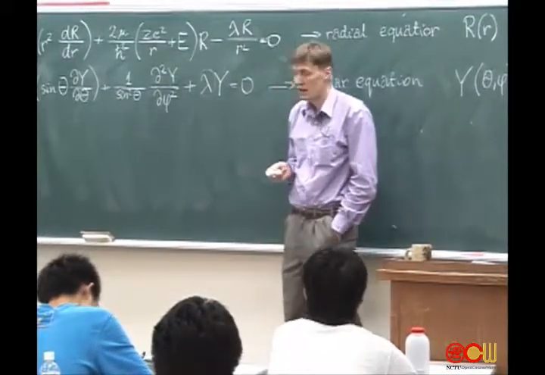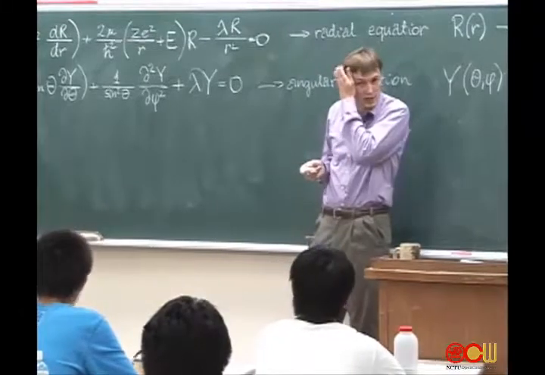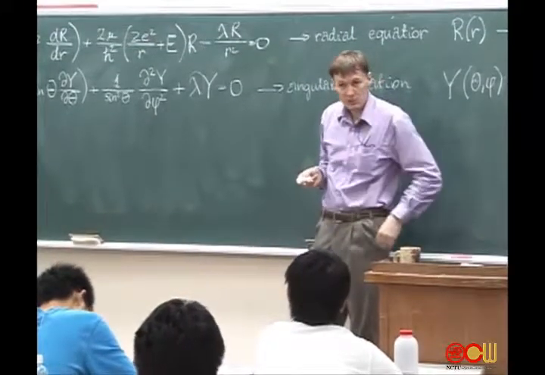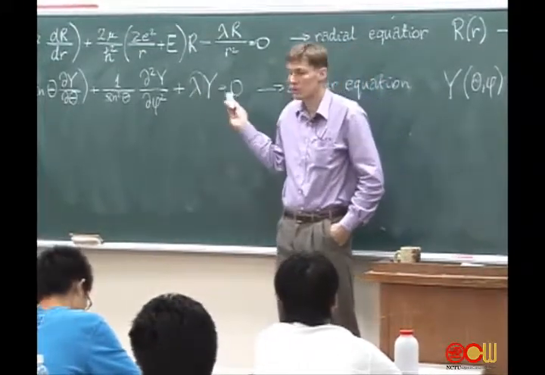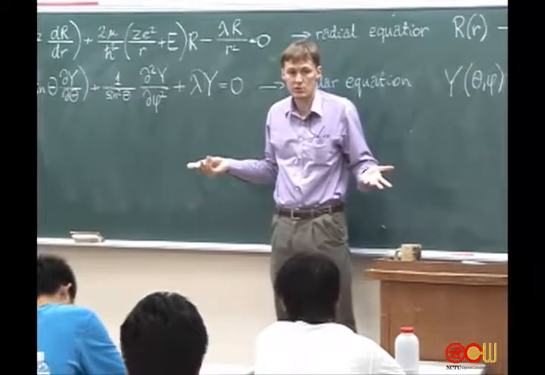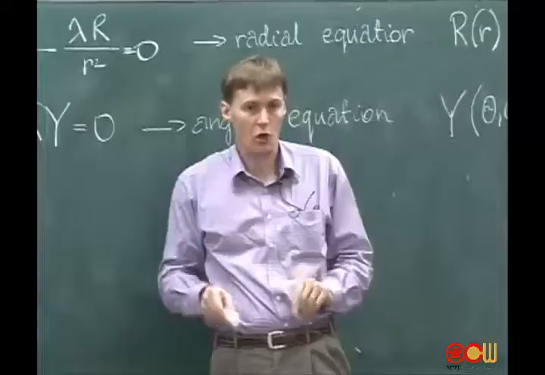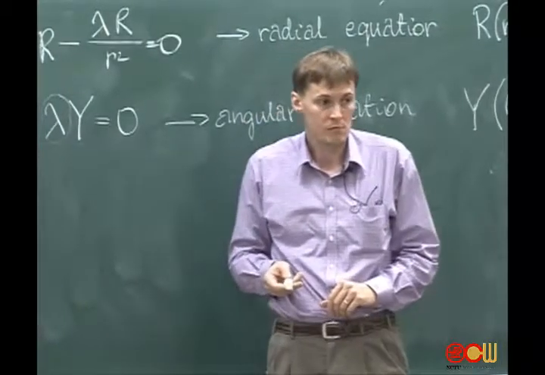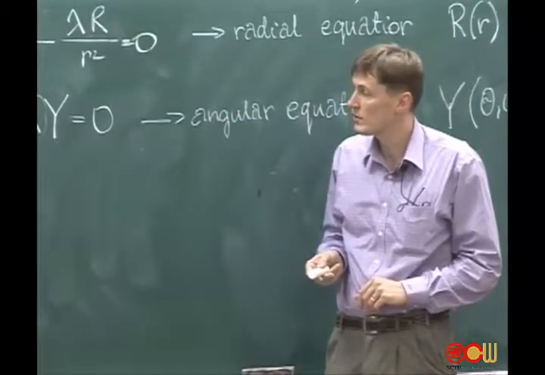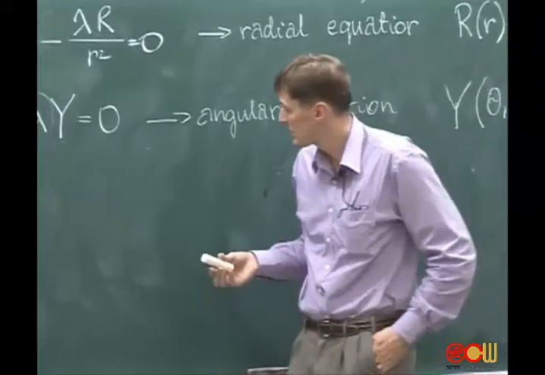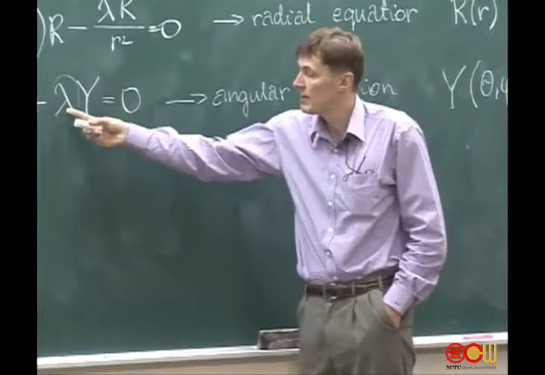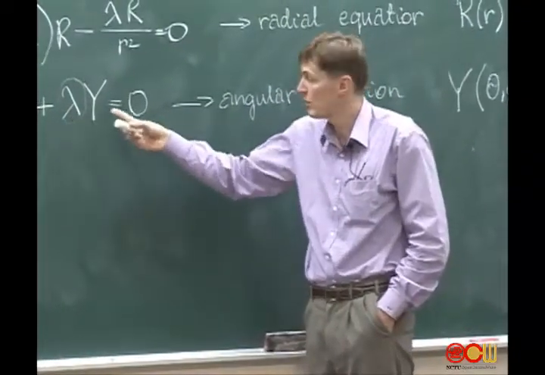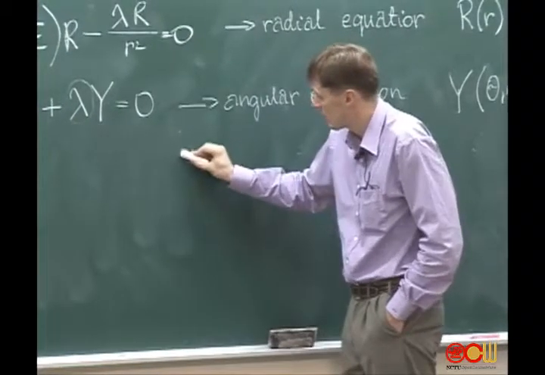This lambda cannot be any value. It must be some special value. Turns out that if this is any value, this equation doesn't have solutions. So this equation has solutions only if this one has a special value. And we are going to discuss in a moment what is the special value. But first, for different special values of this, you have different functions.